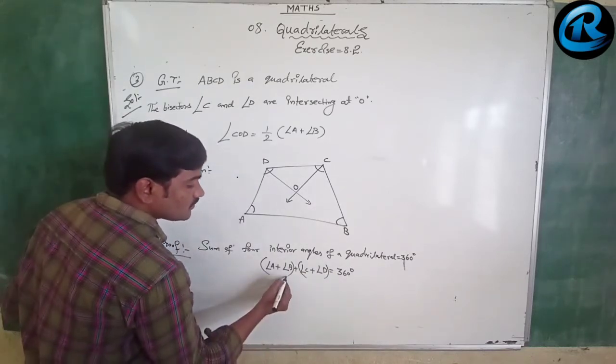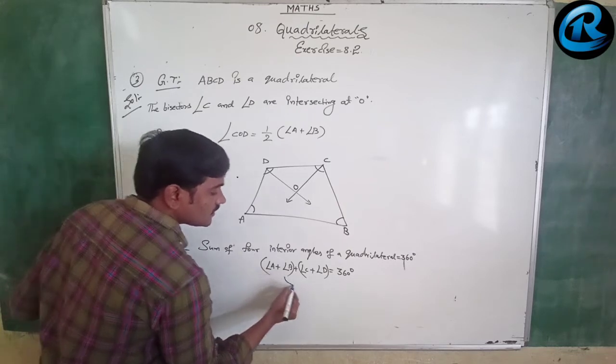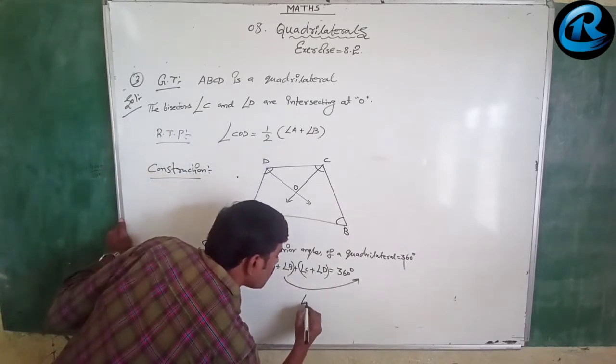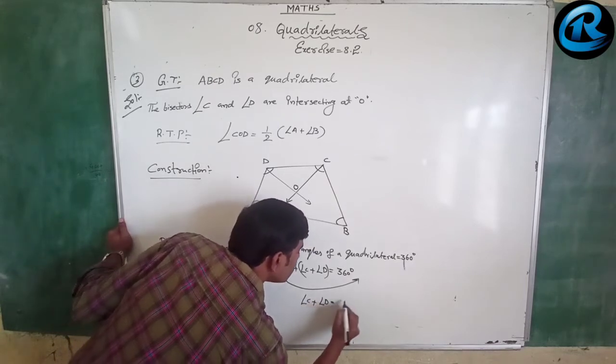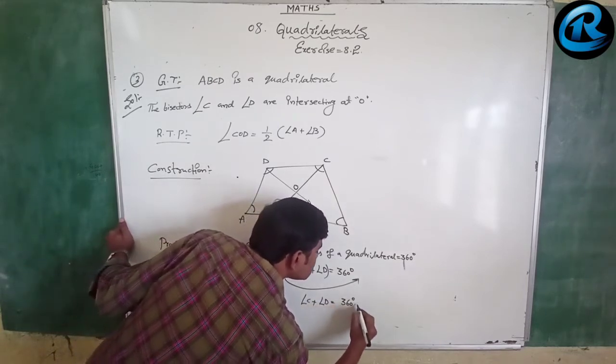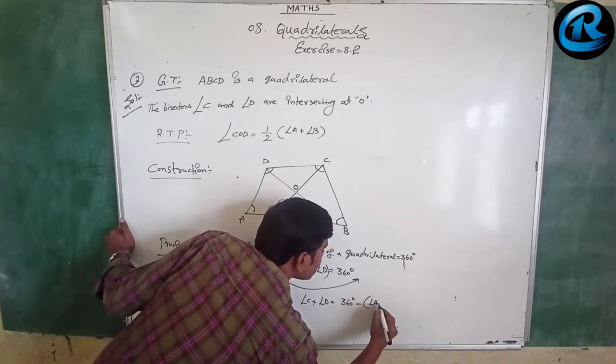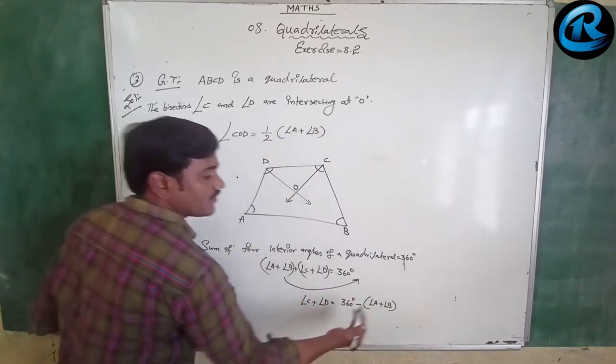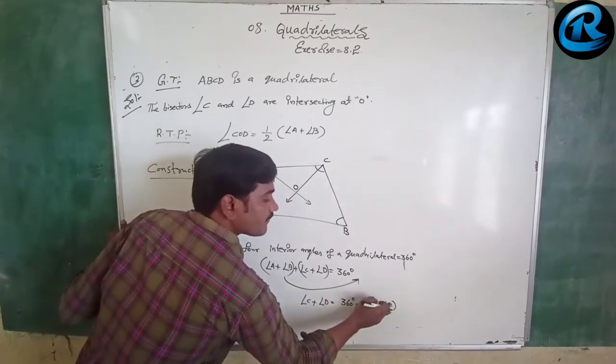Now I will transfer angle A plus angle B to the other side. So angle C plus angle D equals 360 degrees minus (angle A plus angle B), because we require angle A plus angle B on the RHS side.